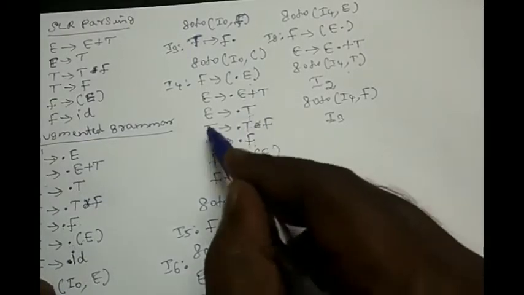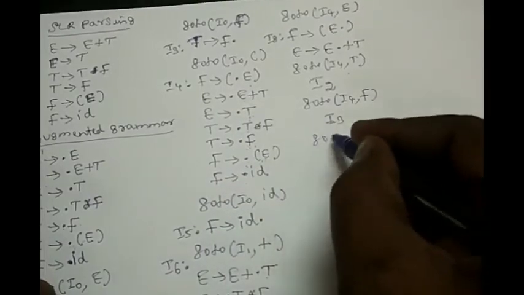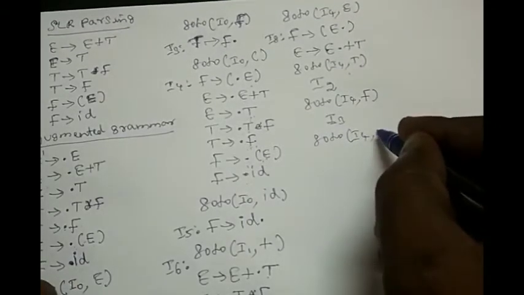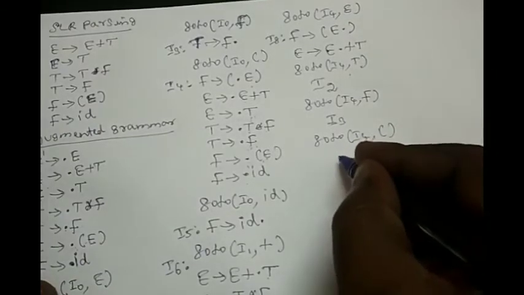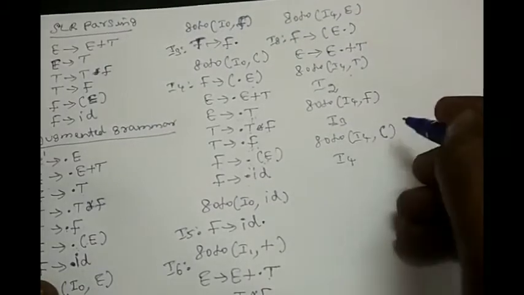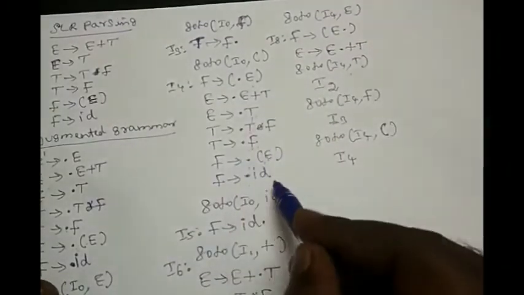So I will be getting the same item set for this. Okay. So when I evaluate go to of item set 4 comma open bracket, this will be giving me the same item set called item set 4. Okay. So no need to write the item set once again because it is getting repeated.